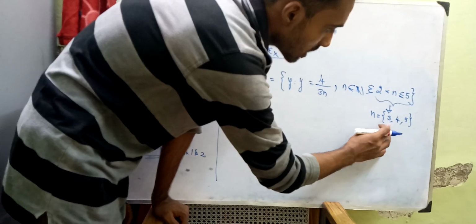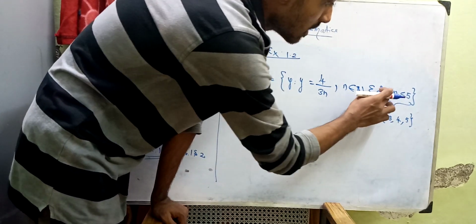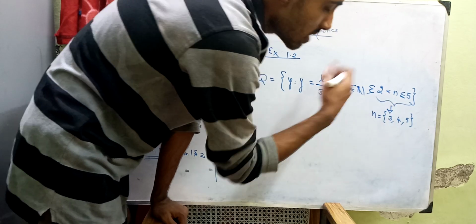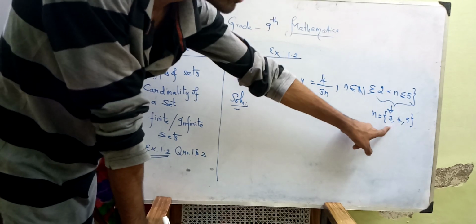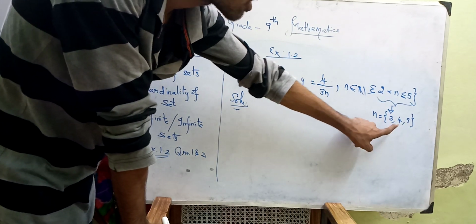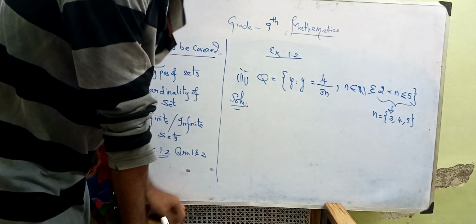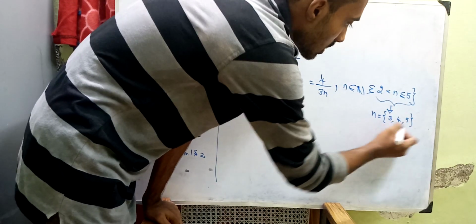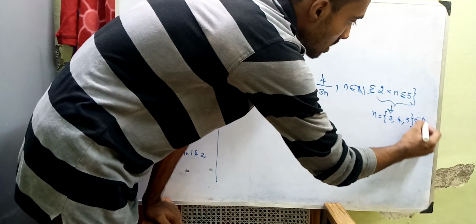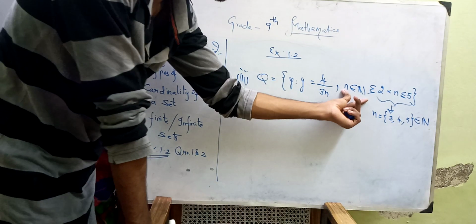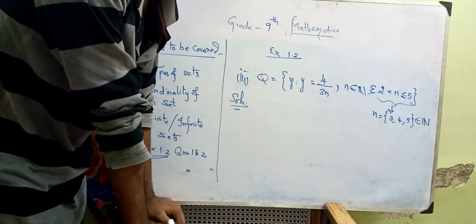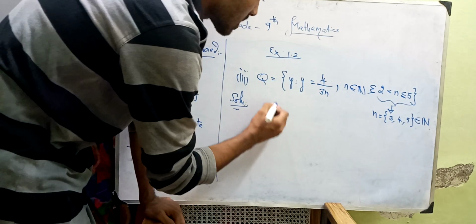Less than 5 is 4, 3, and equal to 5 is 5. So 3, 4, 5 is the only collection, and these 3 numbers also belong to the set of natural numbers. That is why he has given n belongs to capital N. Got it? Okay, now let us find y.